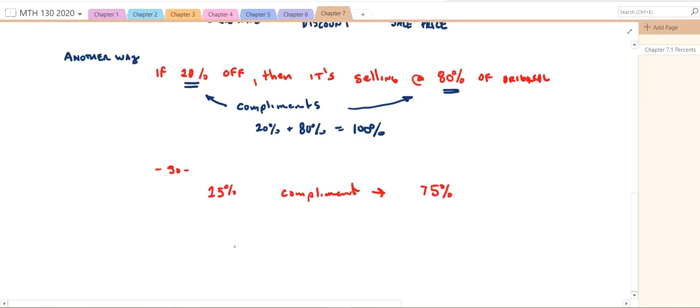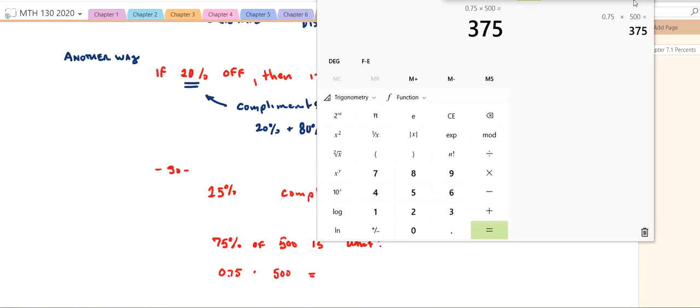So you could do essentially this question, 75% of, what was our original, 500? Of 500 is what? So 0.75 times 500 equals, and you see here on my calculator, equals 375.